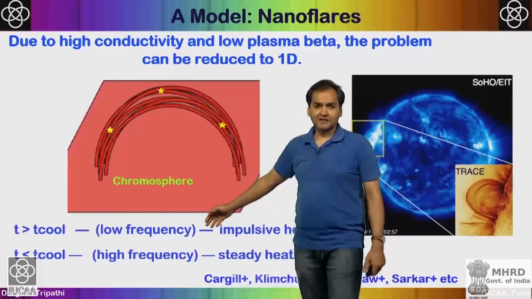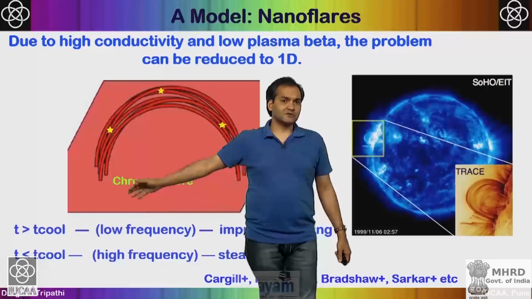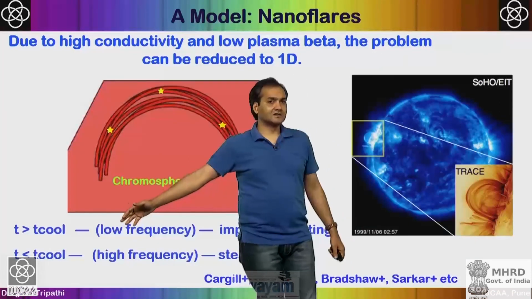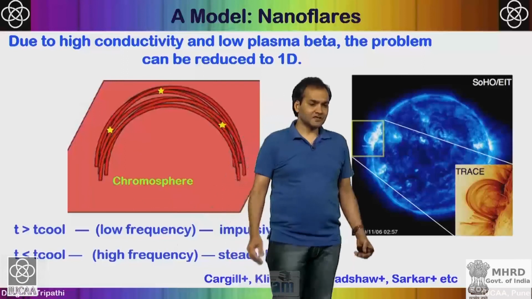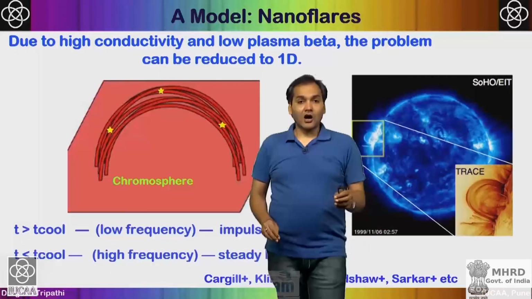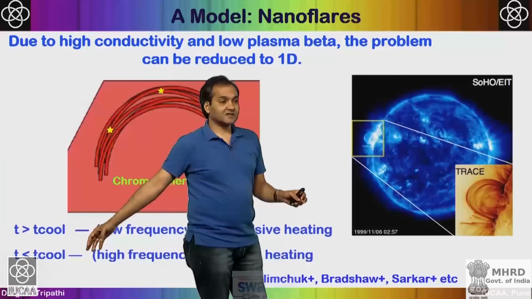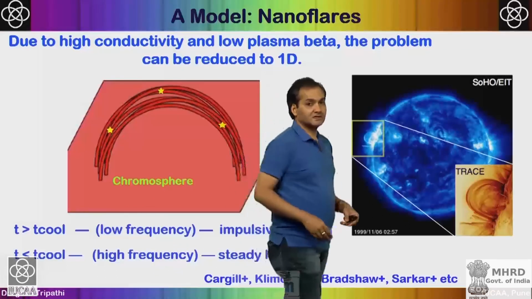You can define low frequency, where the time between two heating events is larger than the cooling time, so the first event cools down before you put in the second event. If before the first one cools down you put in the second event, that will mimic the high frequency heating.